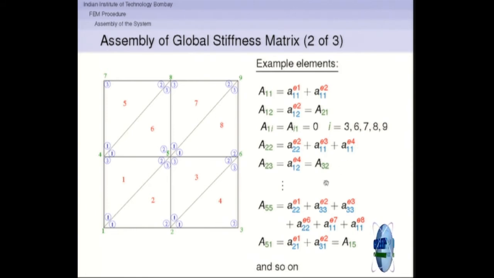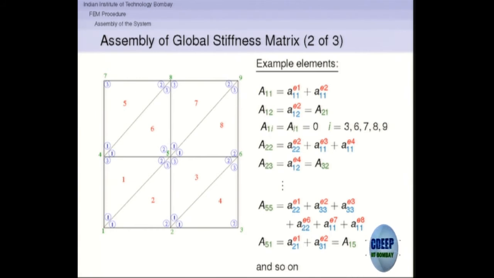Is that clear? A55, on node 5 there are 6 triangular elements, because it is common to 6 triangular elements, so it has 6 terms. Effectively, the potential of global node number 5 will contribute to the energy of all those 6 elements, is it not? So, when you calculate the energy of all those 6 triangular elements, the potential at global node 5 will appear in those 6 energy expressions.